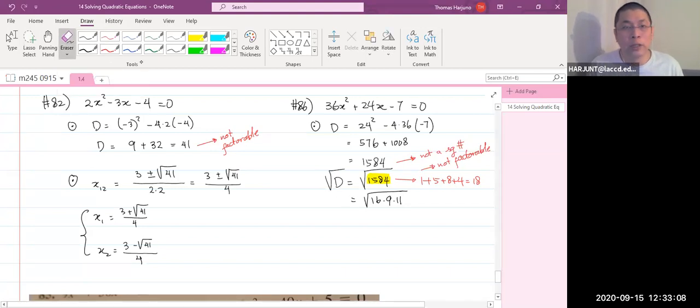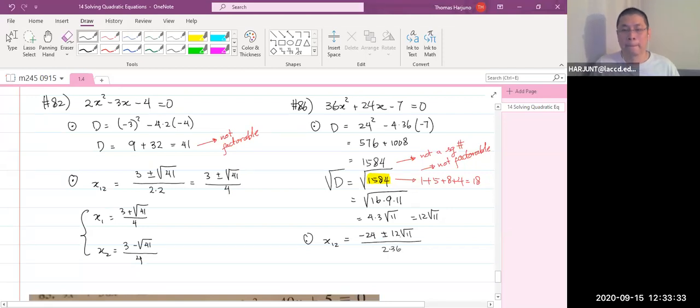So the square root of D will become 4 times 3 times square root of 11. That's 12 square root of 11. Therefore, the solutions will be x1,2 equals negative b plus minus 12 square root of 11 over 2a. I can factor the 12 on the top. That's negative 2 plus minus square root of 11.